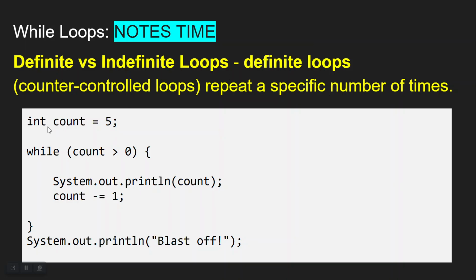So if I was going to do a counter-controlled while loop, I would need to create a variable, and in this case I'm calling it count. And it says while count is greater than 0, go ahead and print count, and then count goes down by 1. And then when it gets to 0, it's going to print blast off. So this is a definite loop because we know how many times this is going to loop. We know it's going to loop 5 times.